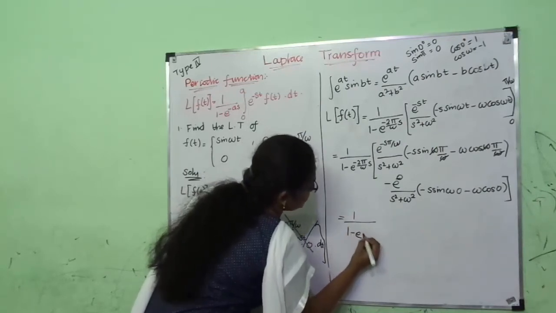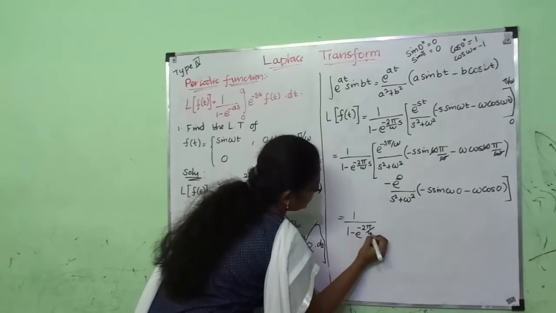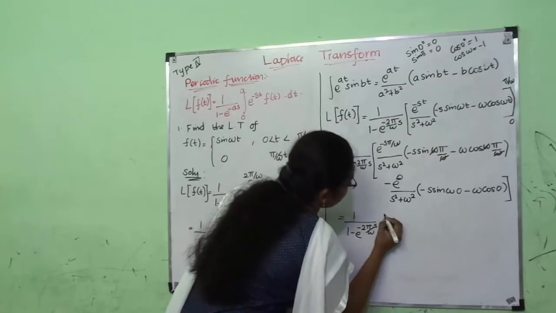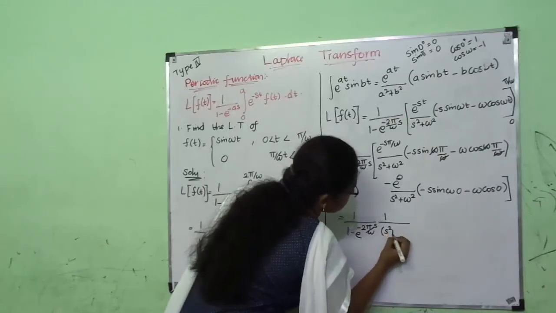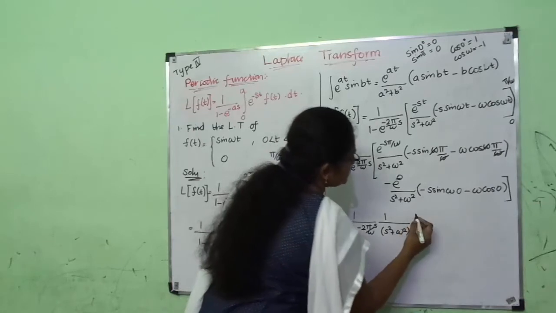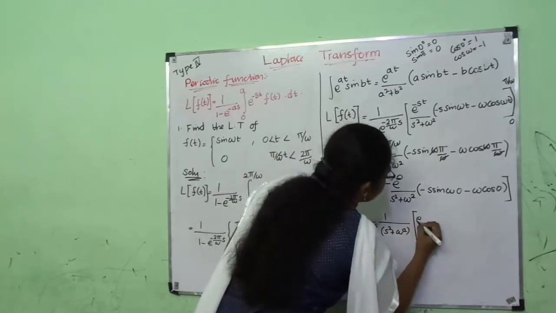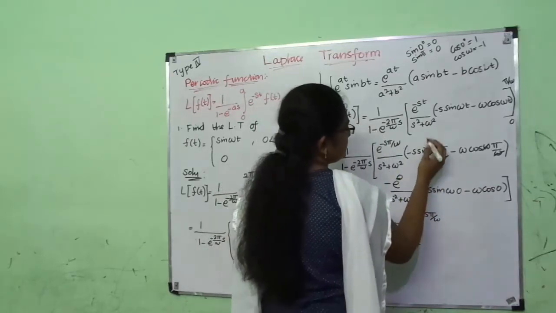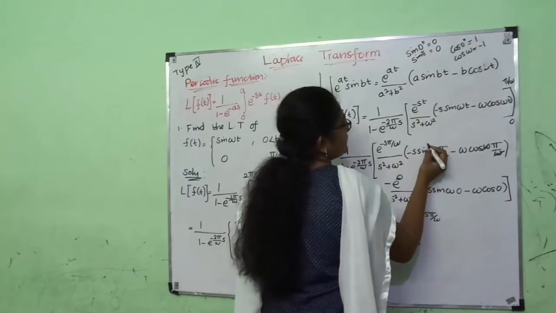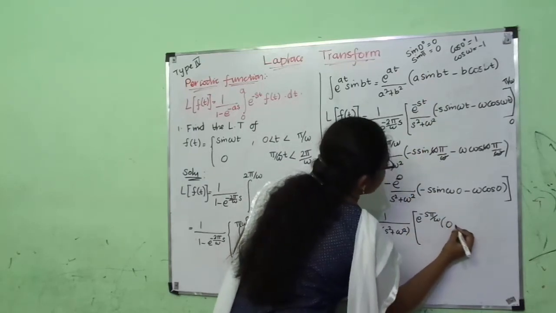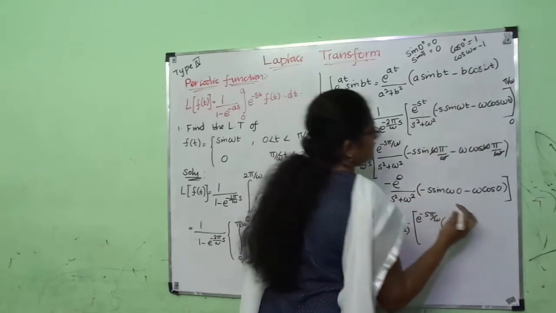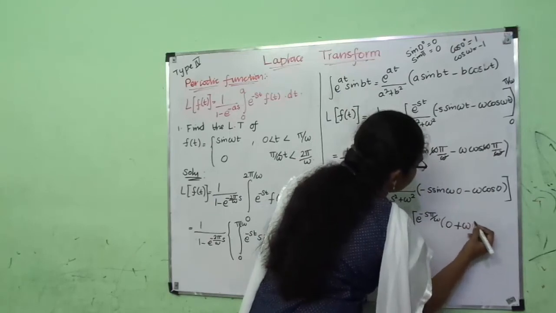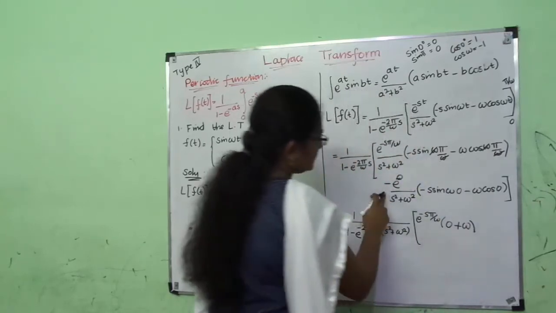1 by 1 minus e power minus 2 pi by omega into s. Here s square plus omega square is constant, so we take it outside. 1 by s square plus omega square into e power minus s pi by omega. Here sin pi value is 0, into 0, minus cos pi value is minus 1, so minus into minus gives plus omega. Here is the minus sign.